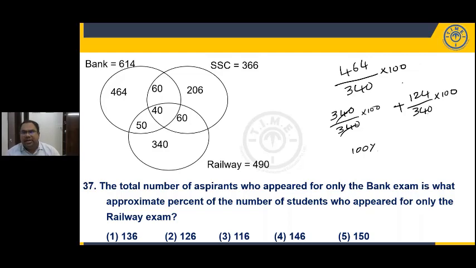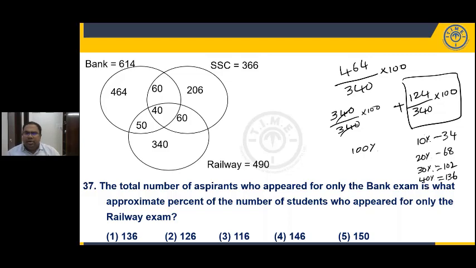I'm calculating 10%: 34. 20%: 68. 30%: 102. 40%: 136. So I need 124. It is between 30 and 40, so my answer should be between 130 and 140. Between 130 and 140, I have only one option, 136.